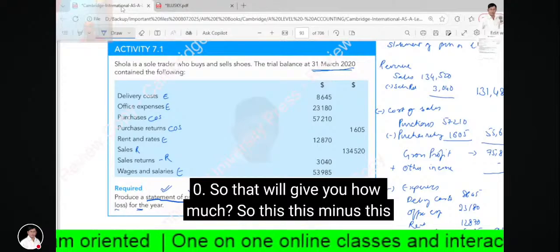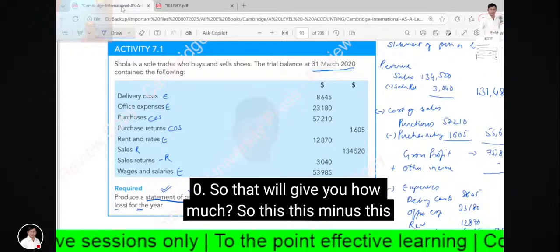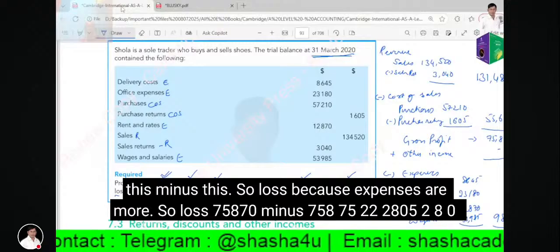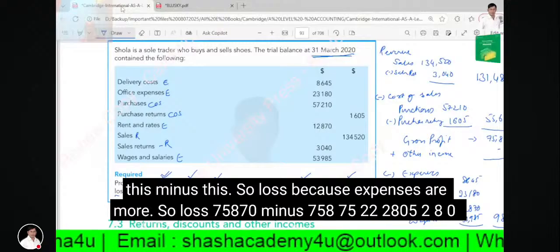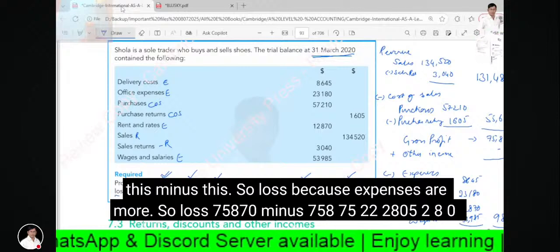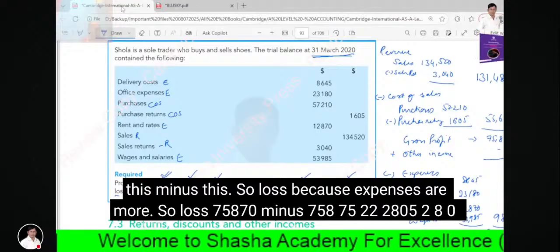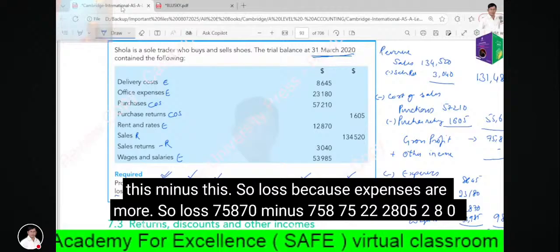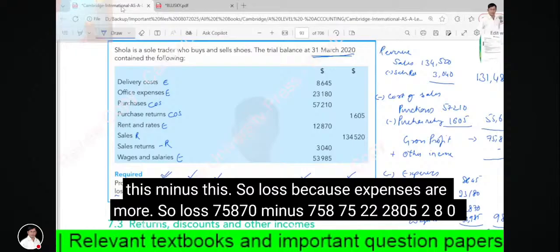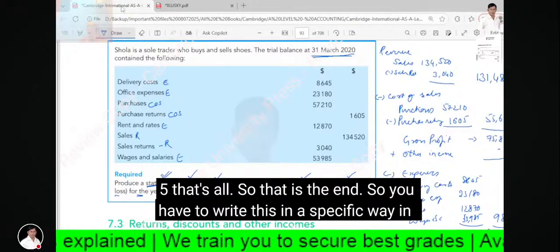So that will give you how much? So this minus this minus this, loss. Because expenses are more, it is a loss. 7,587 minus 2,280. That's all. So that is the end.